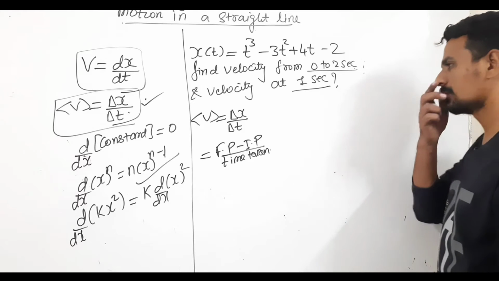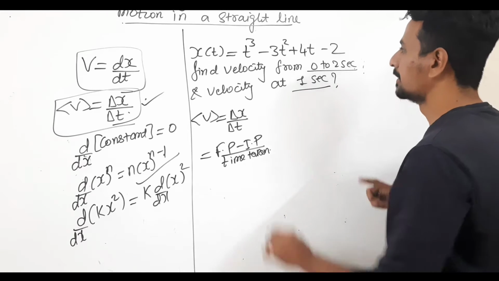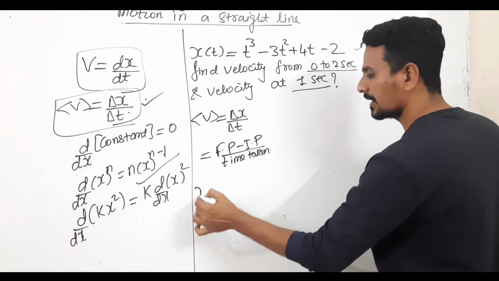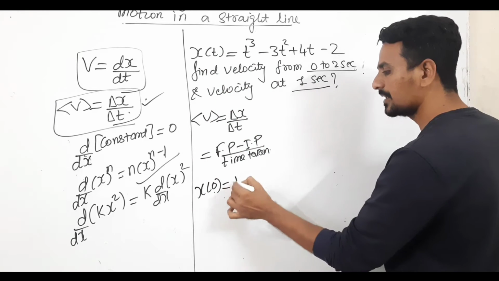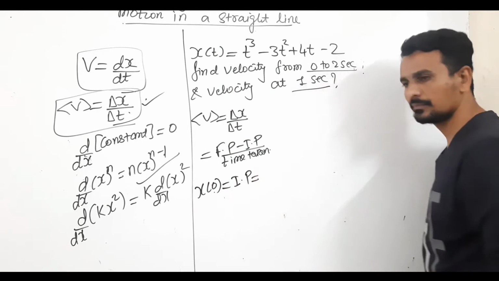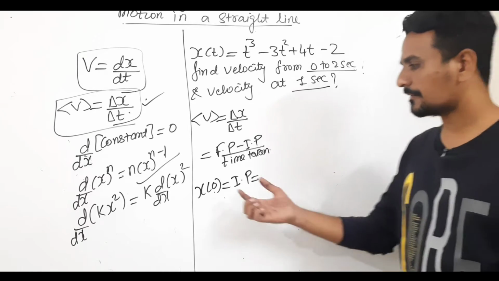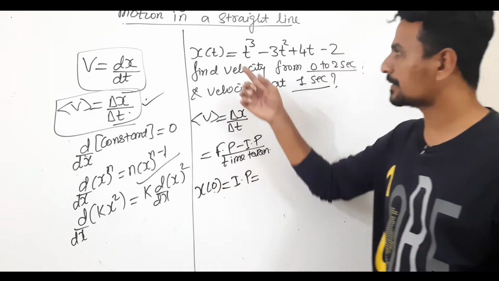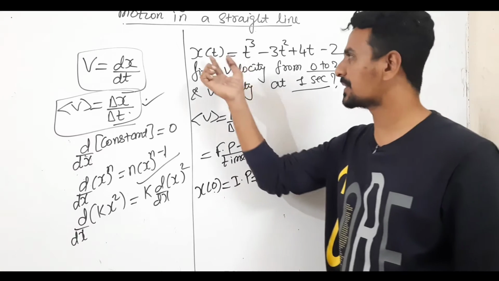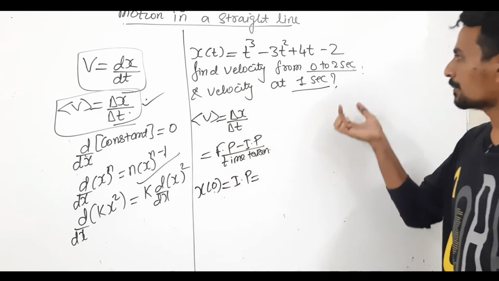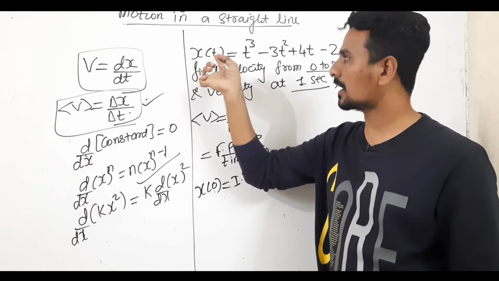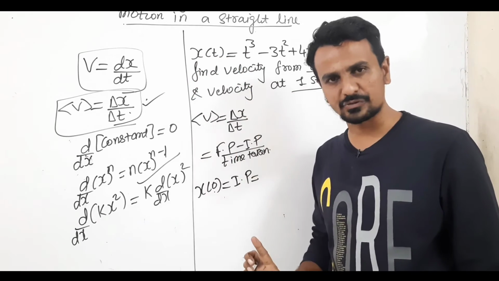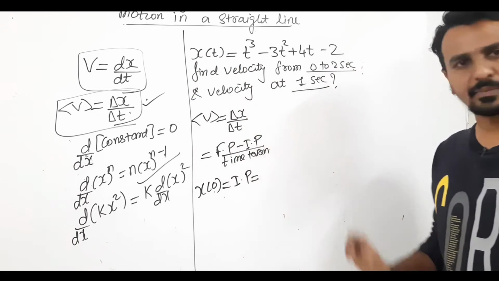Substituting 0 in time will give me the initial position. Clear? First I will find the initial position by substituting 0 in place of time, then by placing 2 seconds, I will get the final position, and then final minus initial by time.